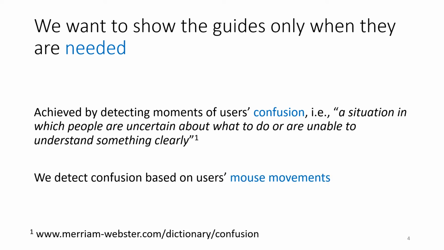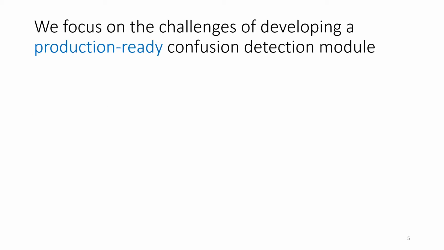And to detect users' confusion, we use their mouse movements. However, in this paper, we do not focus on the specifics of detecting confusion from mouse data, which we described in some of our previous works, but we rather focus on the challenges of developing a production-ready confusion detection module.